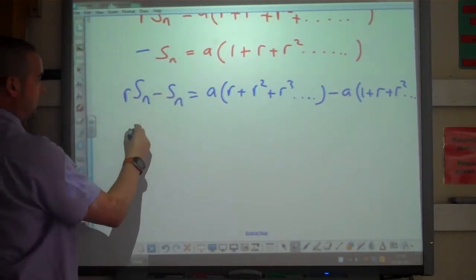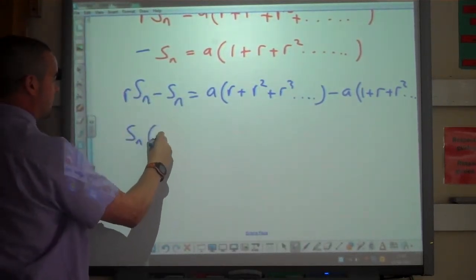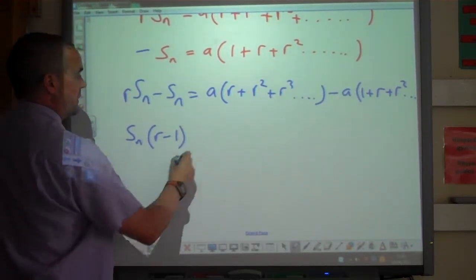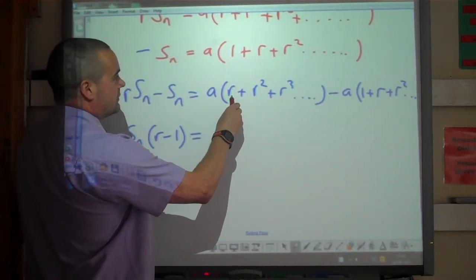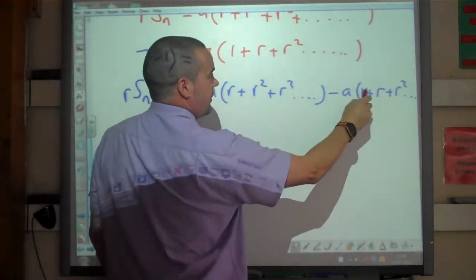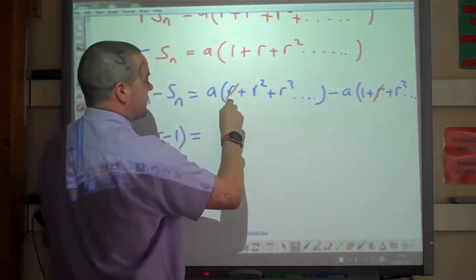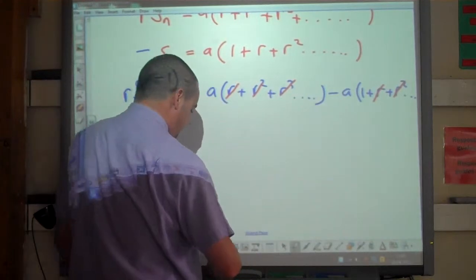Now on this side, I can take Sn out as a factor, which gives me Sn times R minus 1. If you notice over here, this is AR, or A times R squared. Now I've got an A times R here, so I can cancel this with this, and this with this, and this with this, and it carries on.